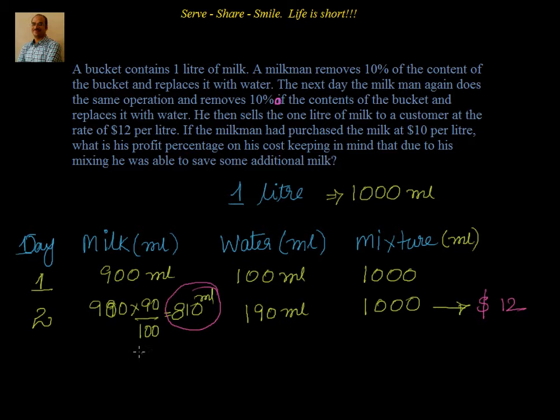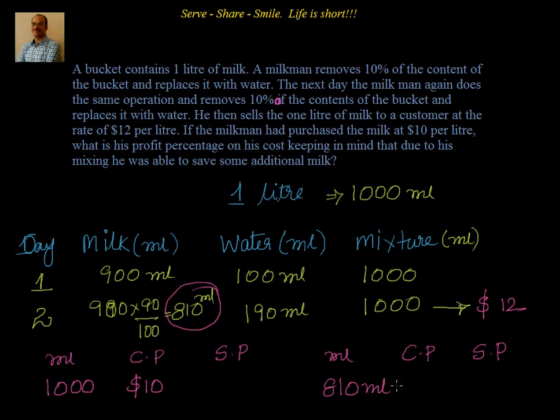So our table will have quantity in ml, CP and SP. For 1000 ml, CP equals $10. For 810 ml, the SP is $12. If we fix it for either 1000 ml or 810 ml to calculate CP and SP, then we can easily calculate.